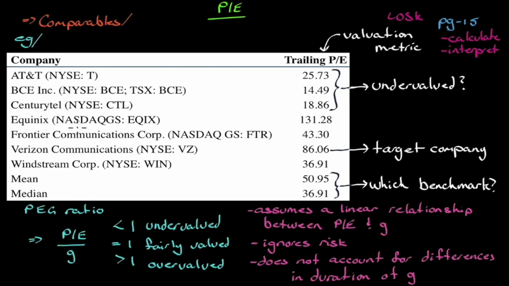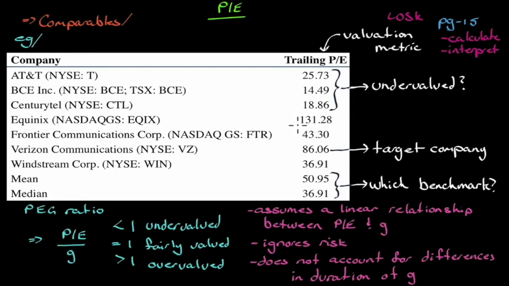We have Equinix, EQIX, a PE of 131.28. We might come to the conclusion and say, you know what, that doesn't appear to be a very meaningful PE. So if we were adding up all 7 and taking the average, which is the mean, the 50.95 would be dragged up by this one. So it doesn't make a lot of sense to use that one. That might be misleading.